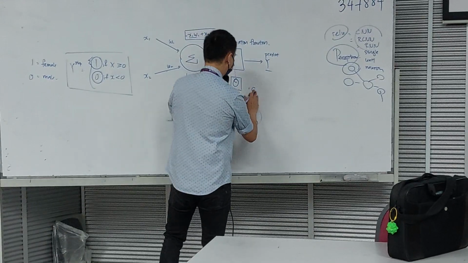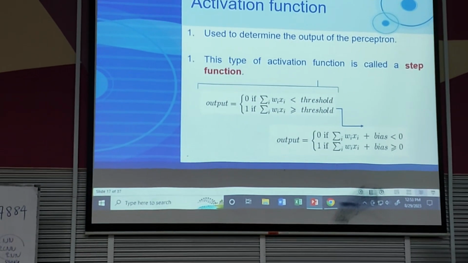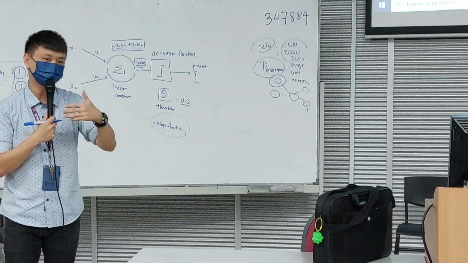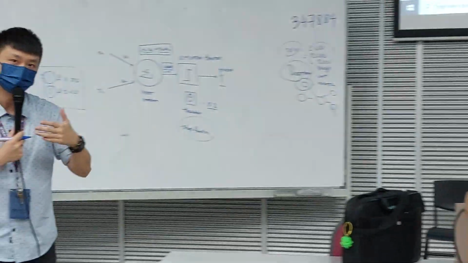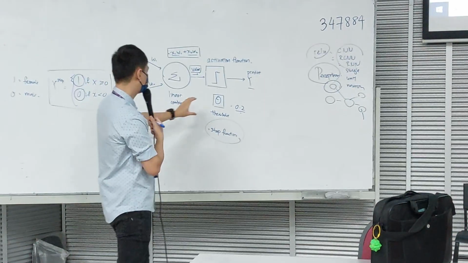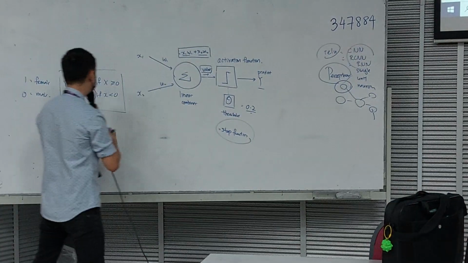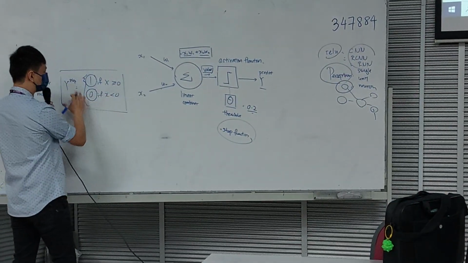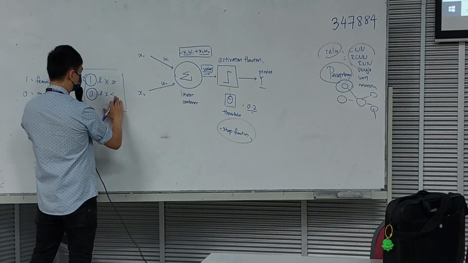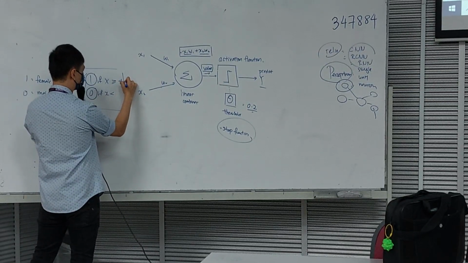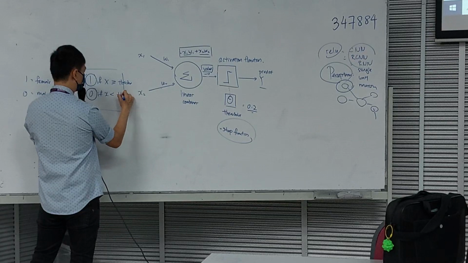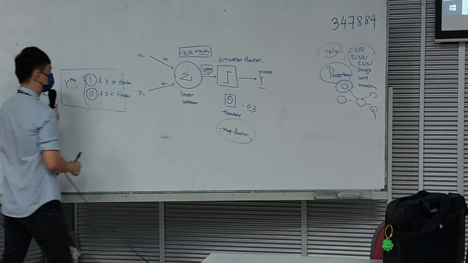Say we set the threshold value to 0.4. What is this threshold value? It is a line to adjust your decision boundary. If the threshold is equal to 0.2, then we have to modify these equations a little bit. This one becomes more than the threshold, and this one is less than the threshold.